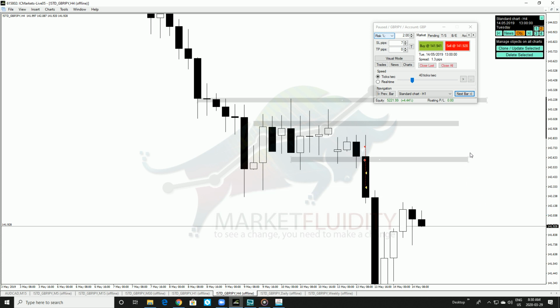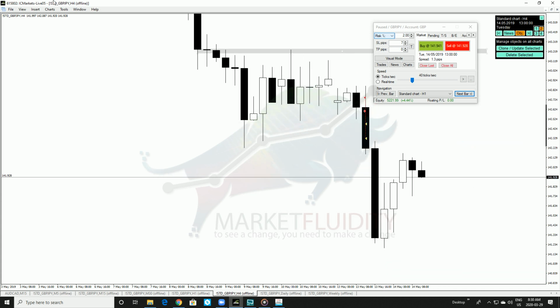Delete. Delete. Delete. Perfect. So looking at the 4 hour, seems like we might be creating some sort of a resistance here. And then we might be creating some sort of a support down over here, right? This is what it seems like. We're creating a resistance, and then we're creating some sort of support.